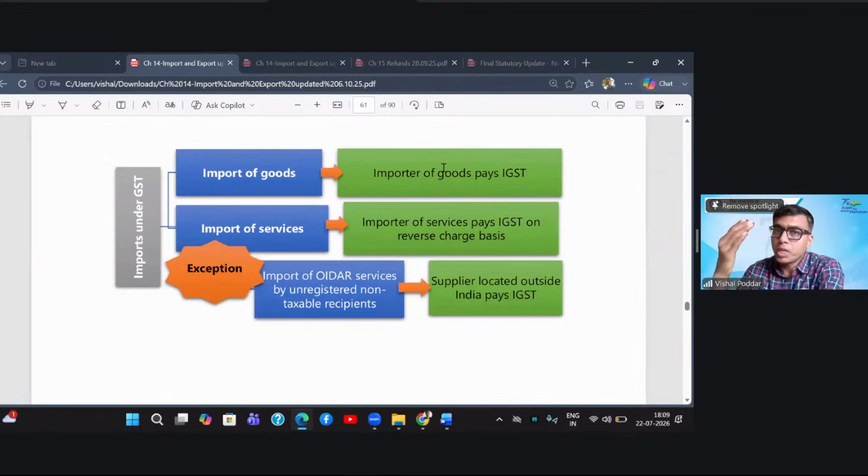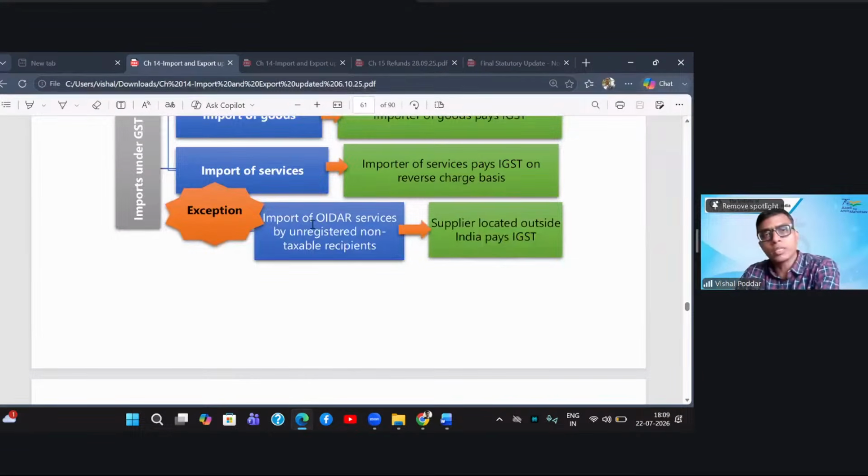Whereas when it comes to import of goods, the importer is liable to pay tax not under 9(3) or 5(3), but under 5(1), that also under the proviso of 5(1), which says that it is the customs law through which you will be paying IGST. So this is an interesting differentiation between import of goods and import of services.